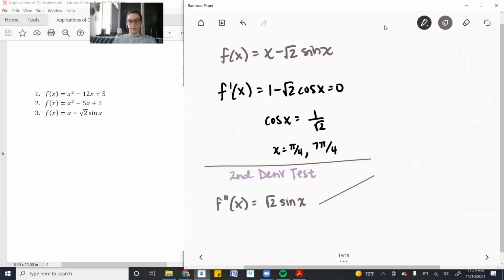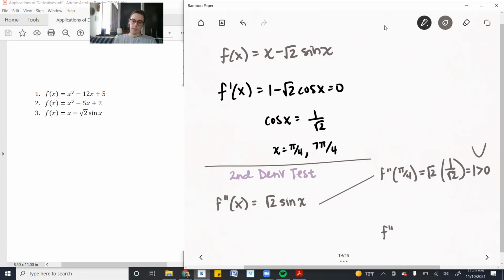And now f double prime of pi over 4. That's going to be rad 2 times sine of pi over 4, but sine of pi over 4 is really just 1 over rad 2. So these are going to multiply together, and I'm going to get 1, which is positive. So it's going to be concave up.